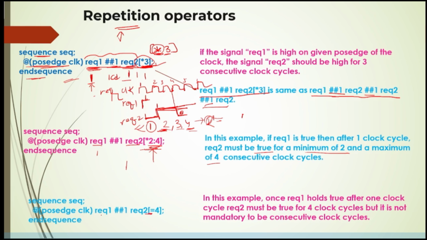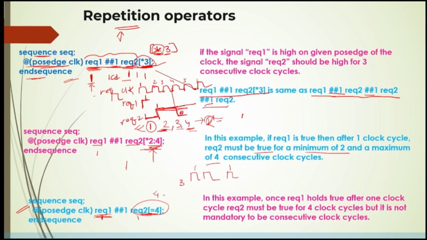That means here, request 1 is high and request 2 will be high for the next 4 clock cycles, but it may not be continuous. After 3 clock cycles it can be high, then after 2, and then after 1 it can be high. But after request 1 is high, at least 4 times request 2 should be high. It is not mandatory that they be consecutive. Clear? So this is the condition in this manner.